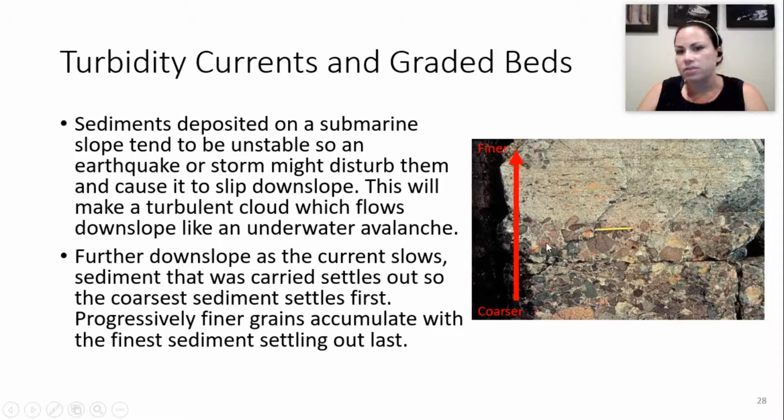And then as we look further up into this sedimentary rock, we see that you can't really define individual grains. So this is fine grained, this is coarse grained. To describe graded bedding, we say this is fining upward. You can impress all of your friends by saying the words fining upward when you look at graded beds.